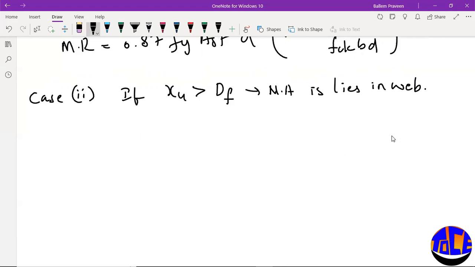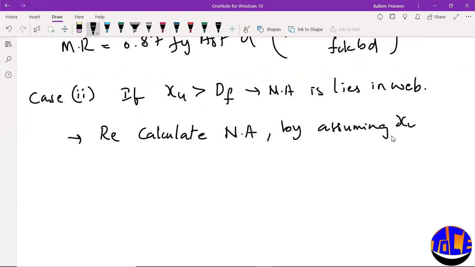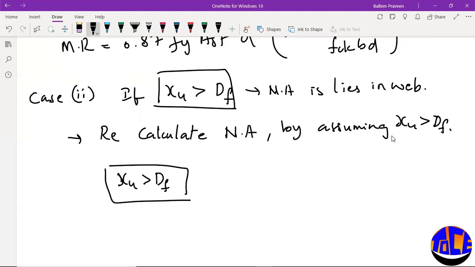If this is the case, you have to recalculate xu, the neutral axis, by assuming xu is greater than Df. If xu is greater than Df, another two cases will arise.